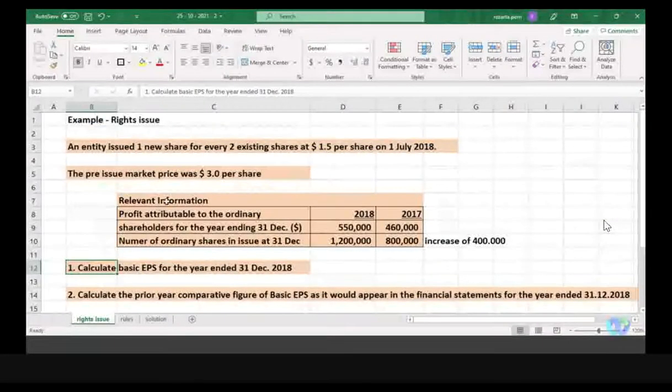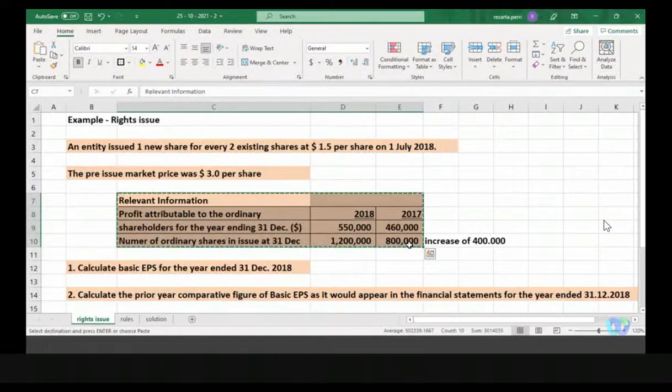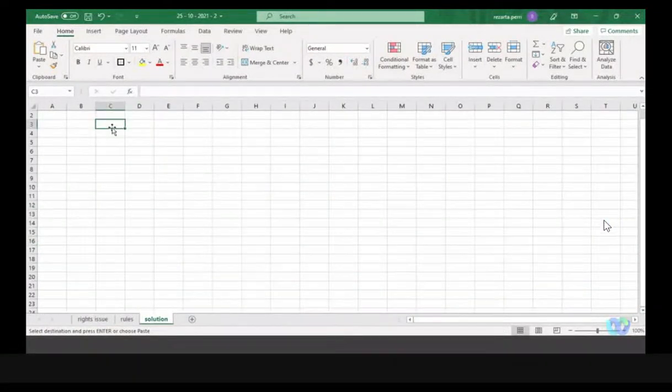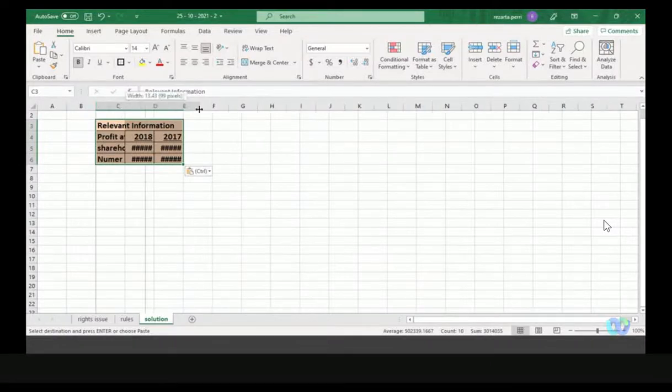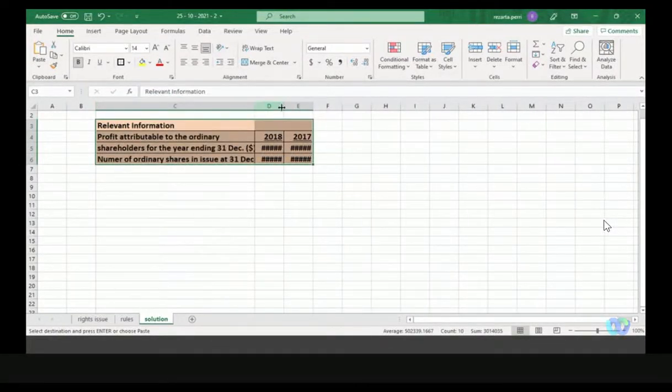Okay, so let's see how we can use the formulas to solve this example. First of all, I'm taking the relevant information and copying it to the solution page, so it will be easier for us to follow the data.